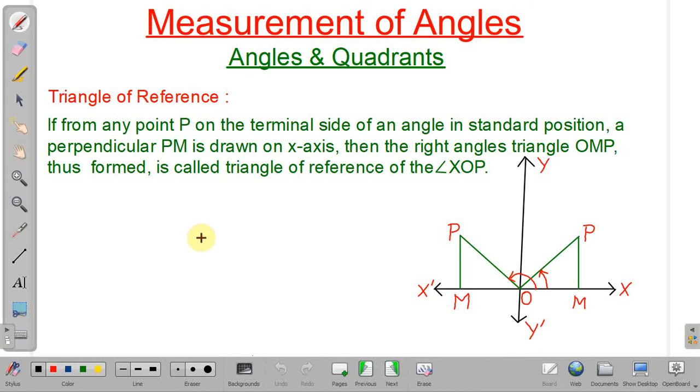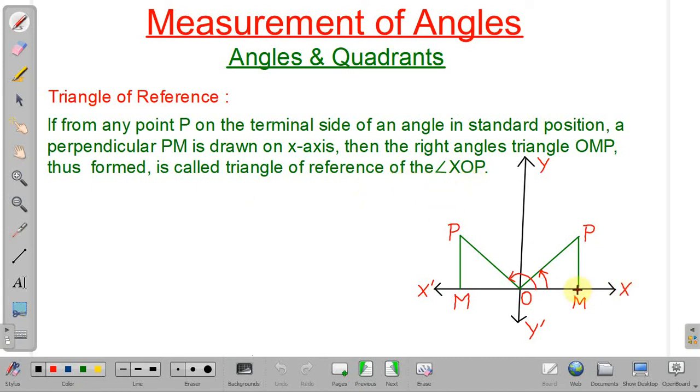Next one is triangle of reference. In this figure, OM is our initial side and OP is the terminal side. If we draw a perpendicular from P to the x-axis, then PM is perpendicular to the x-axis, and triangle OMP is called the triangle of reference of the angle XOP.